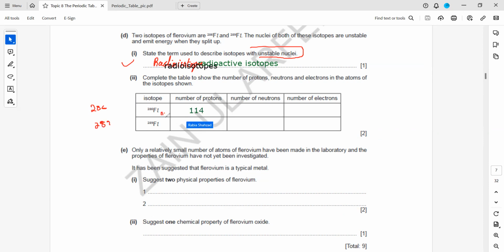The proton number is 114, because even though the isotopes are there, isotopes will have the same number of protons, but they will have different numbers of neutrons. So 114, because these are atoms, they will have the same number of electrons as well. And to get the number of neutrons, we take the difference. So 286 minus 114 is 172. And this will be 289 minus 114, so 175.